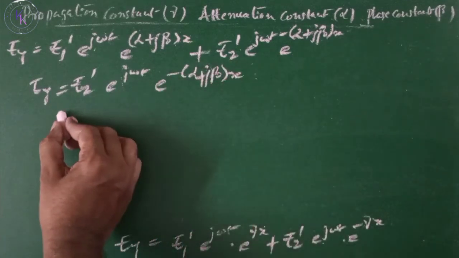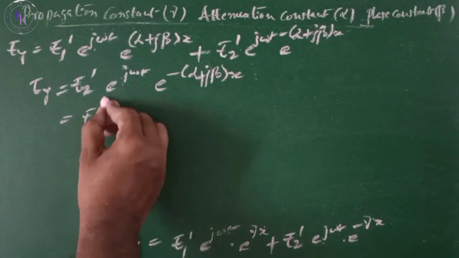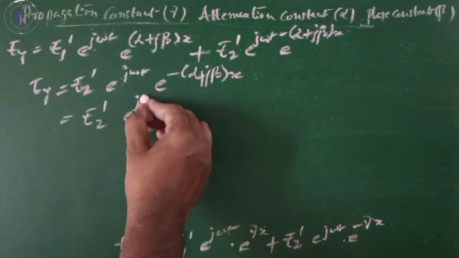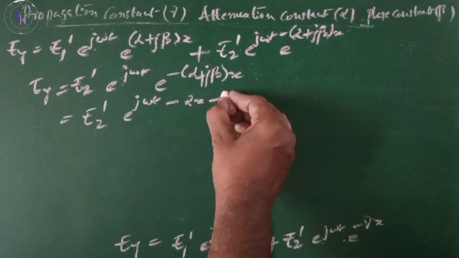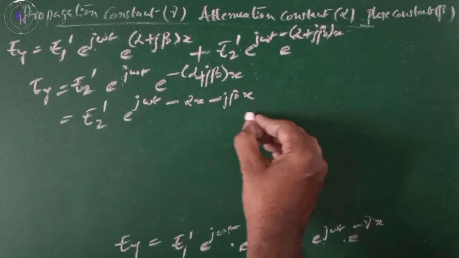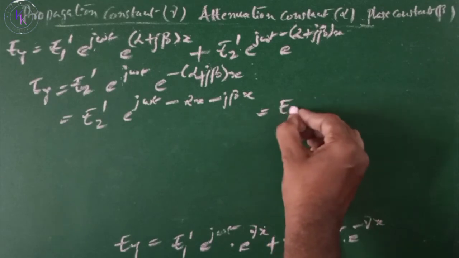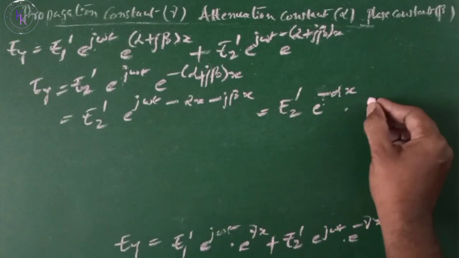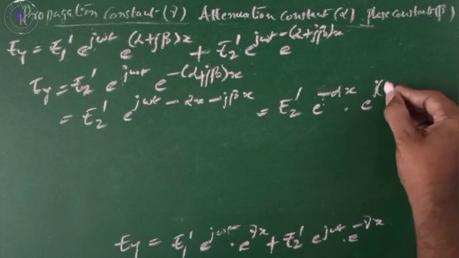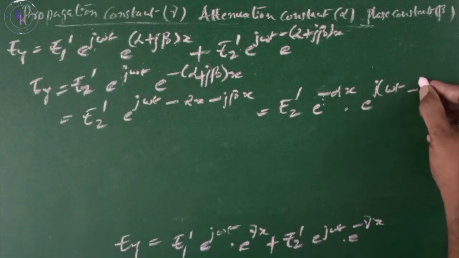Now this we can write as E2 dash e to the power of j omega t minus alpha x minus j beta x, that equals E2 dash e to the power of minus alpha x e to the power of j omega t minus beta x.